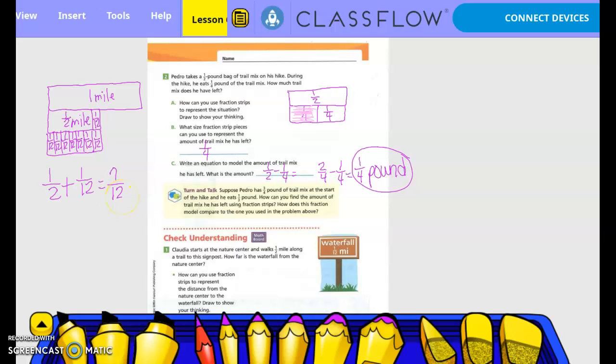But if we get a common denominator, we said 1/2 is also equivalent to how many 12ths? 6, right? So 6/12 plus 1/12 equals 7/12. And what's our label? Mile, right?